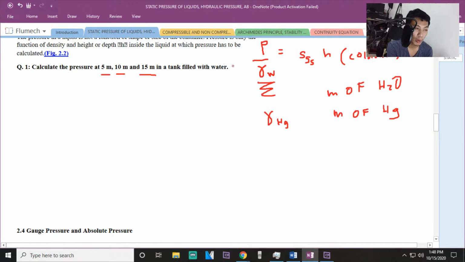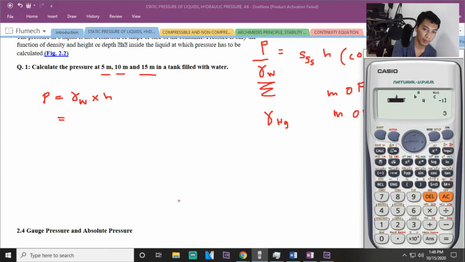Filled with water. Okay. So, the pressure. Pressure nitong una. So, that is, ano ba yung sa water? Specific weight times height. Okay. Ilabas ko yung calculator ko, ha? So, clear muna natin. So, ano ba yung specific weight ng water?